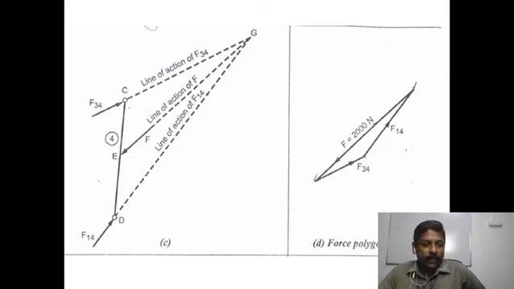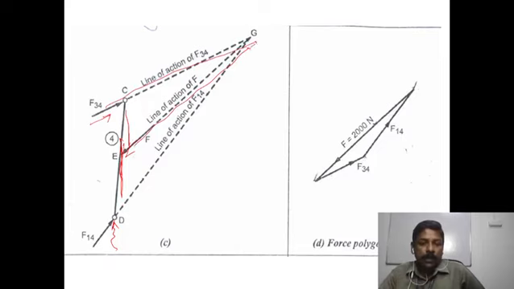First, we draw the free body diagram of this link, that is the rocker, and then we represent the external force F, and we mark F34. We know its direction because it is parallel and opposite to the connecting rod, and this direction is initially unknown. So we are extending this force and this force.